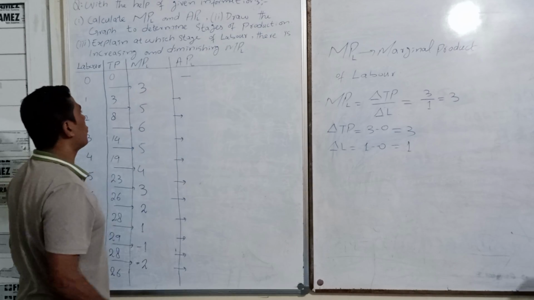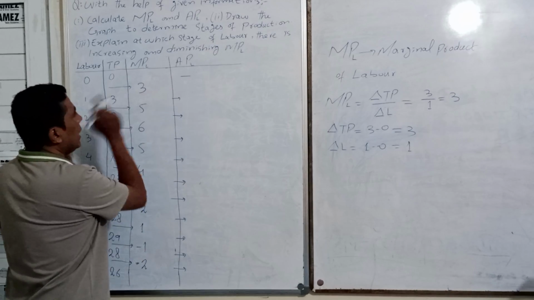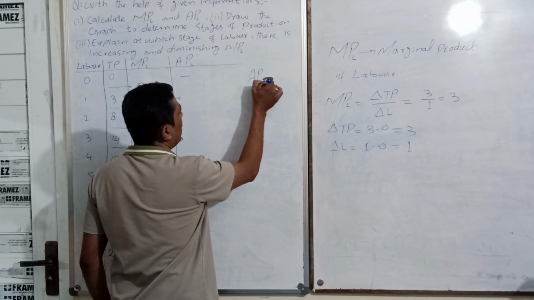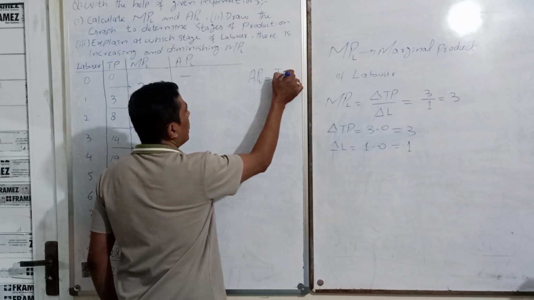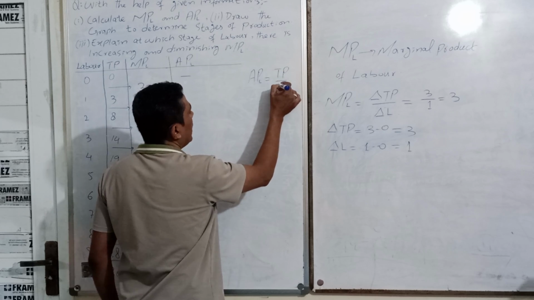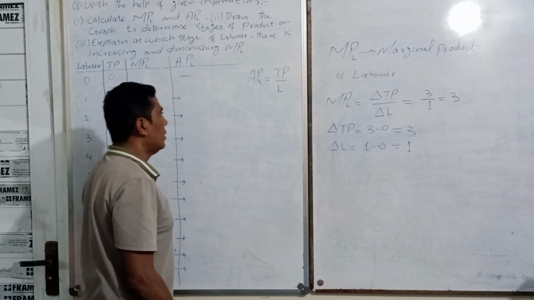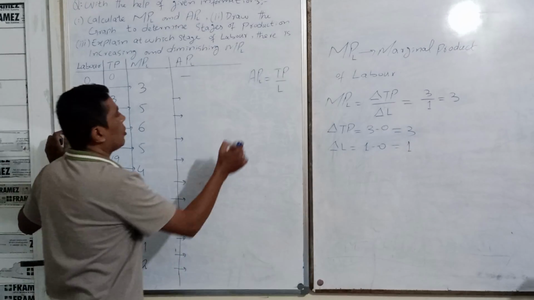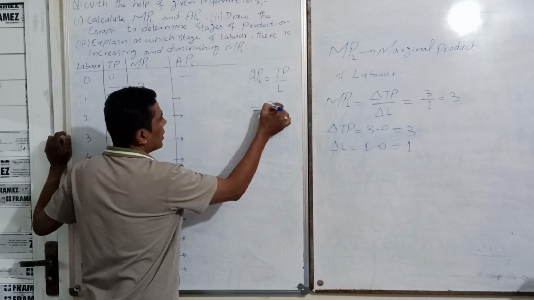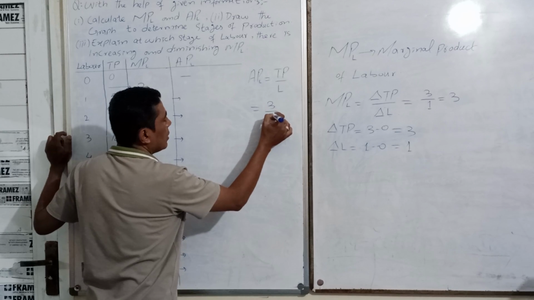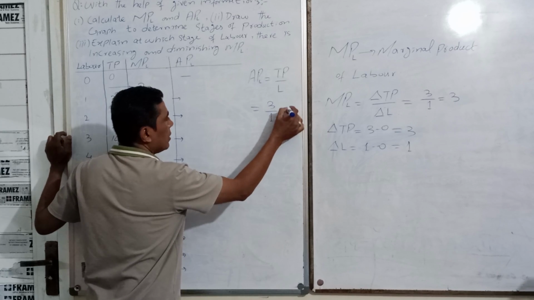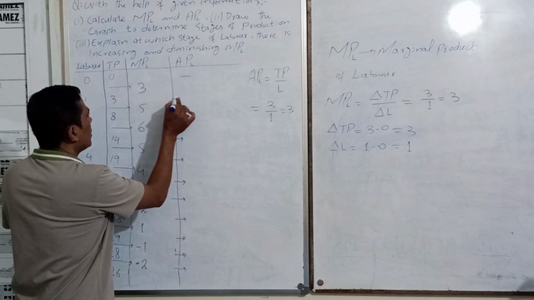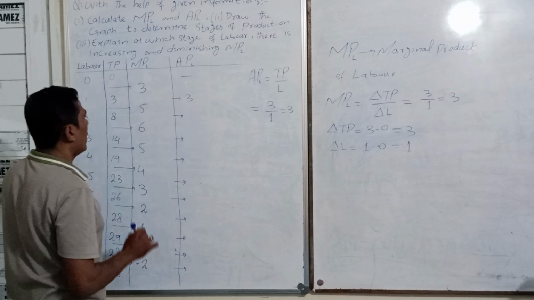Now start from this one. APL is what? Average product of labor is total product divided by number of labor. So at the first stage of labor, total output is 3, number of labor is 1, your answer is 3. So I can write here this value is 3.